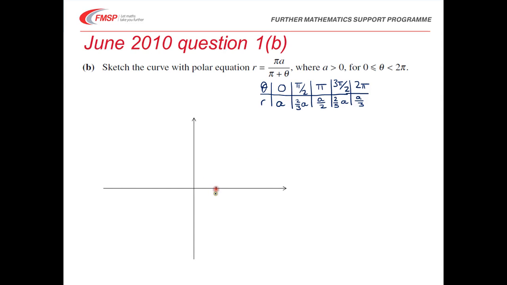So marking the intersection points on my axes, a over 3 and a, and then 2/5 a down here, a little bit further, a over 2, 2/3 a, and drawing in my spiral.